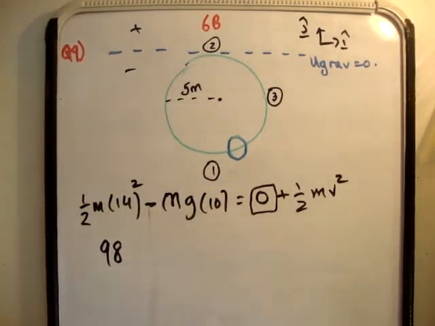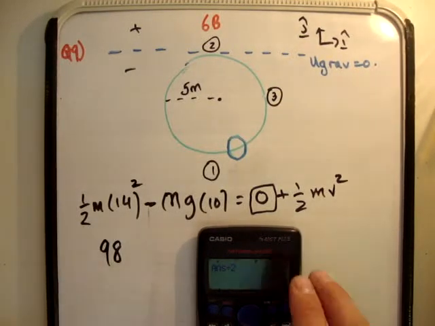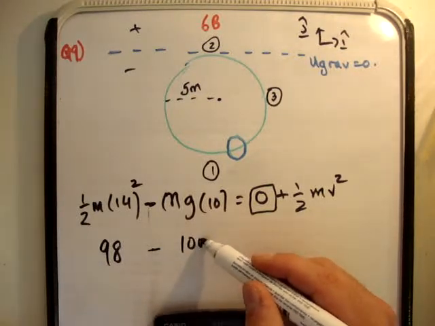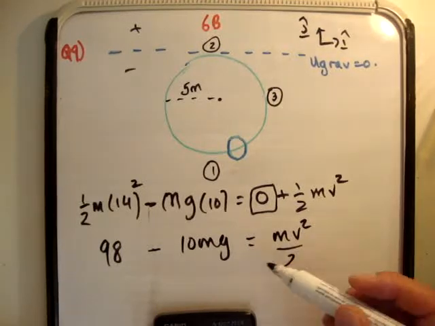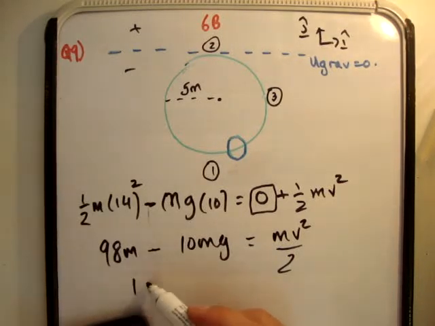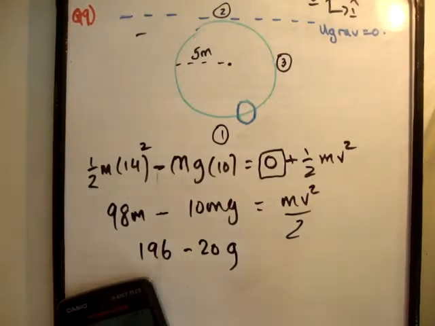Alright, so let's do it again all together. It's going to be 14 squared divided by 2, 98, minus 10g, is equal to v squared over 2. I'm going to cancel across my m's and multiply across by 2. So 98 times 2 is equal to 196, minus 20g is equal to v squared.